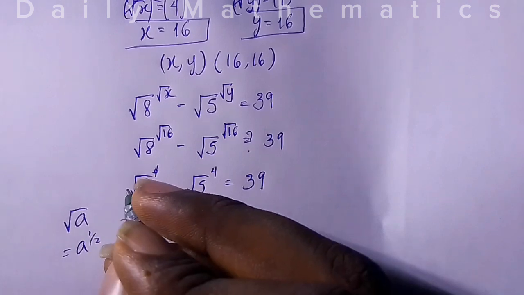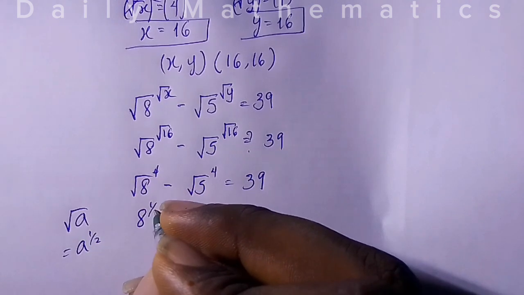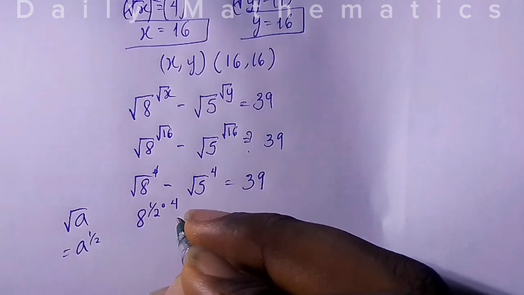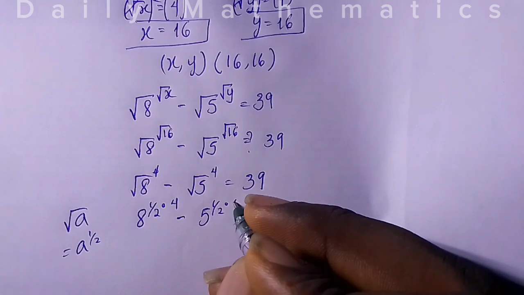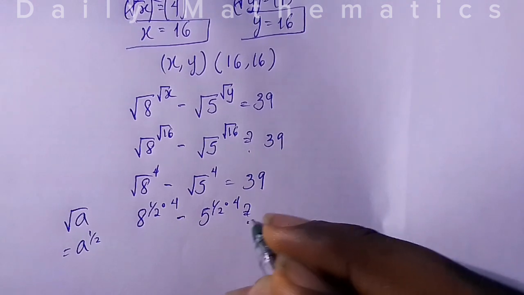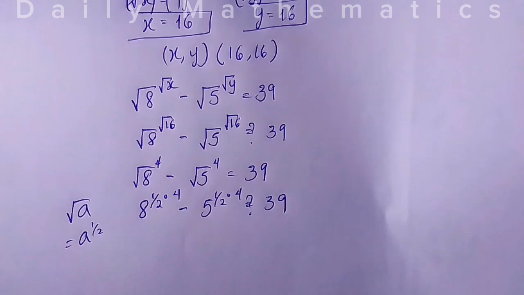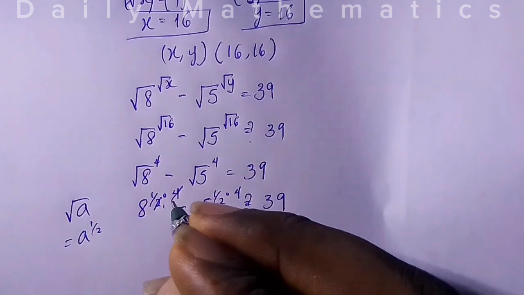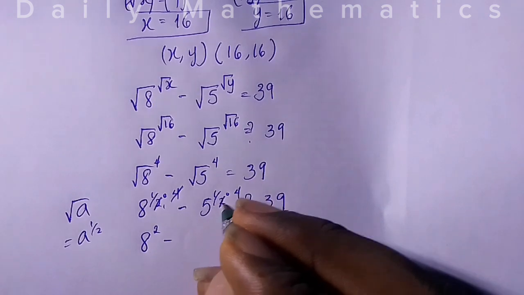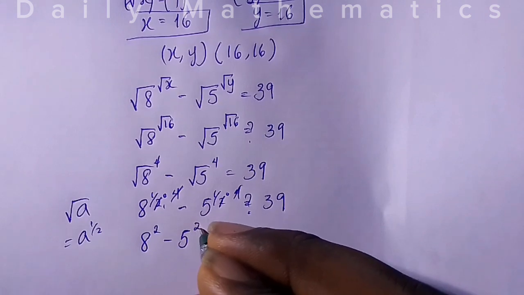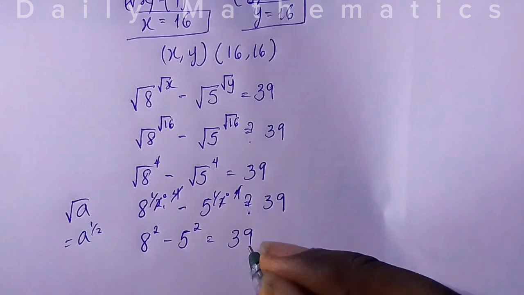That means root 8 will be 8 raised to the power of 1 over 2, times 4, minus 5 raised to the power of 1 over 2, times 4. Does it give us 39? So the 2 cancels this, that's 8 squared, minus 5 squared equals 39.